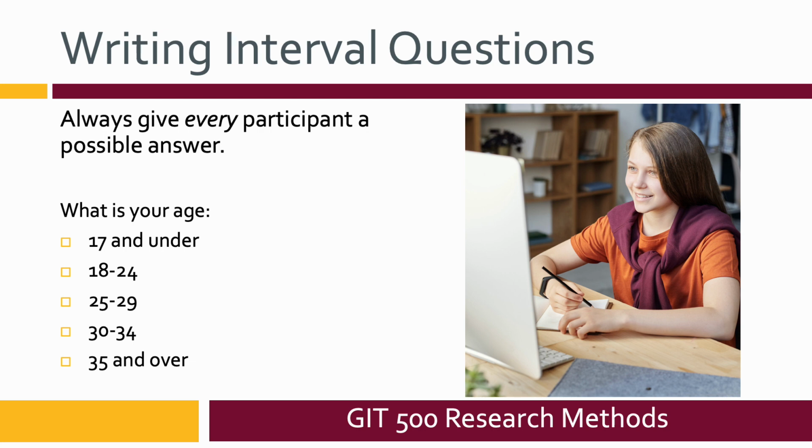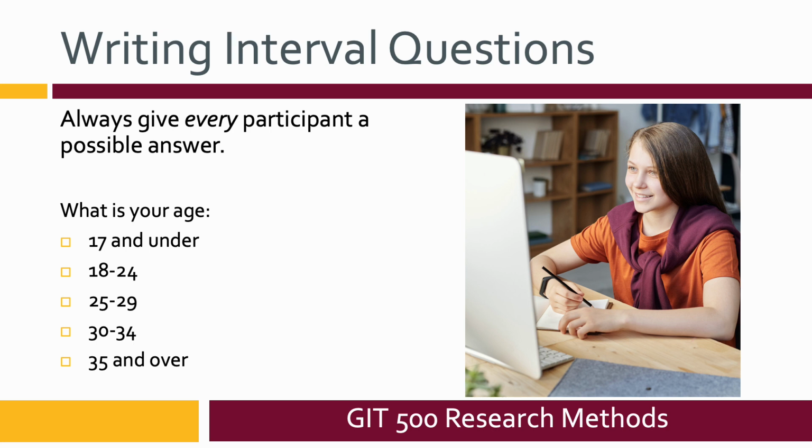It's quite possible you say, well, I don't want minors in my study. That's okay, but you have to give them an answer so you can take their data out. If you don't give a 17 and under or under 18 option, 17-year-olds are going to pick 18 to 24. They're not going to say, oh, I can't do this. And so then your data's not correct, right?